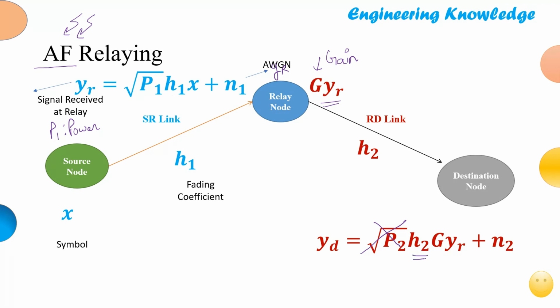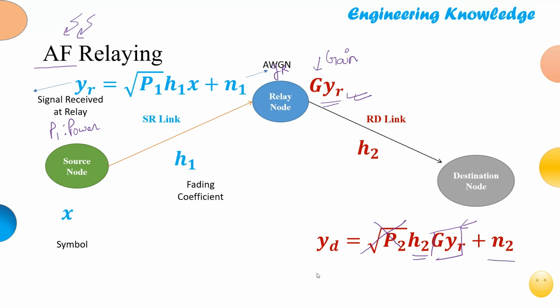H2 is the fading coefficient on the RD link, and G YR is the signal coming at the output of the relay node. So the output of the relay node is multiplied by H2, plus there is additive white Gaussian noise component N2.